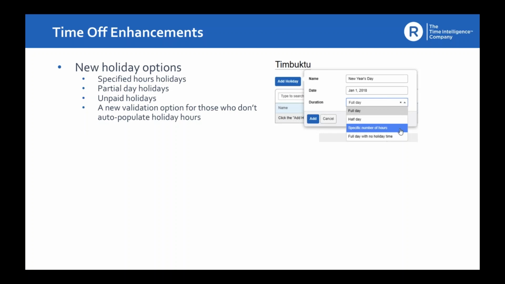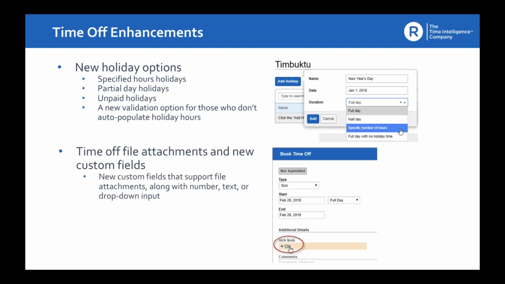This can be specified number of hours for emergency purposes, partial day holidays for half-day public holidays in some countries, or option to specify unpaid holidays, and even a new validation option for those who are currently not auto-populating holiday hours in the timesheet, as this option would ensure that holidays are accounted for when you're actually validating these rules. So these new holiday options help in accurate reporting for time off taken by employees.